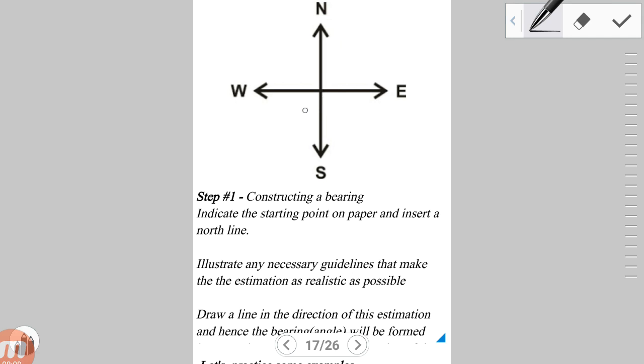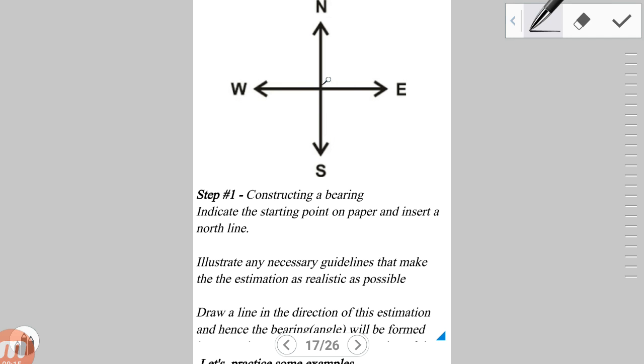Now we've got to make it realistic, because we know already that exactly between would have been 45 degrees. So right away I know that 60 degrees is going to be a little bit closer to 90 degrees than it would be to 0 degrees.